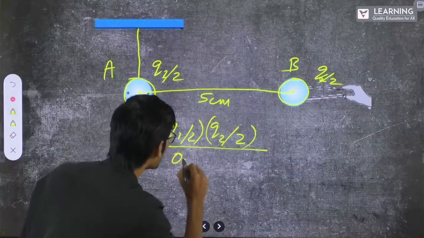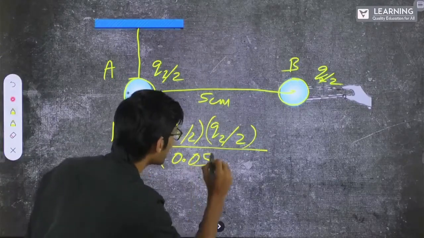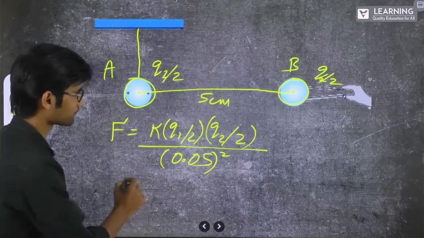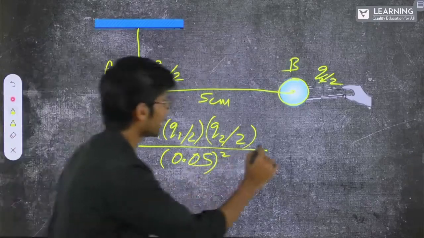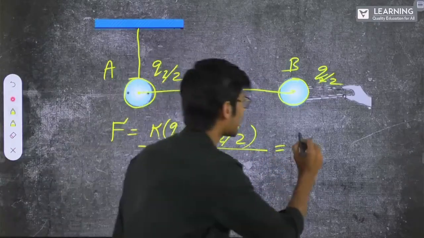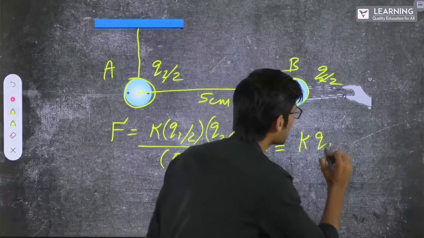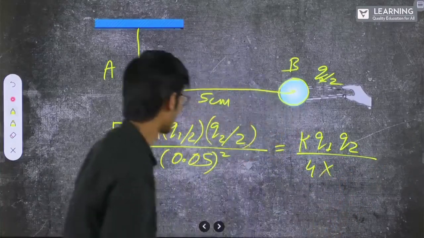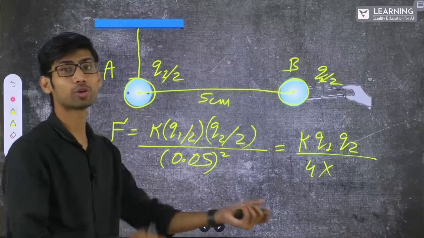So 0.05 whole square. Now this I can write as K Q1 Q2 by 4 into 0.05 whole square.